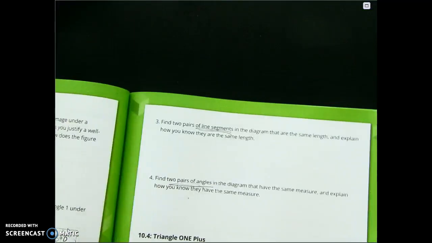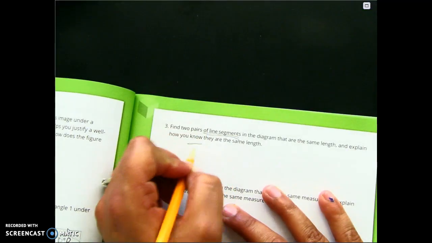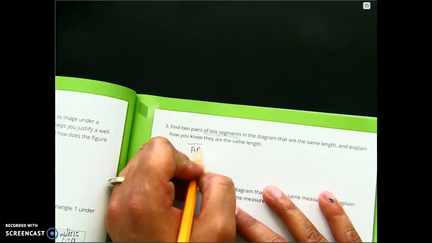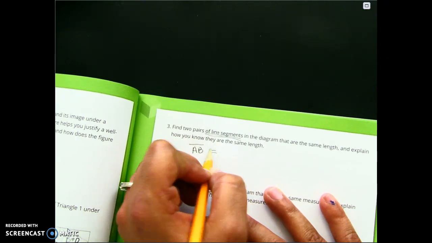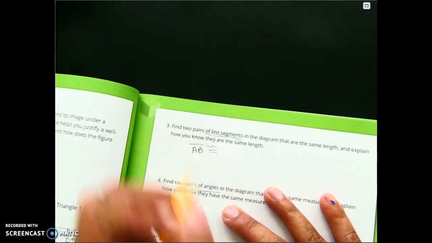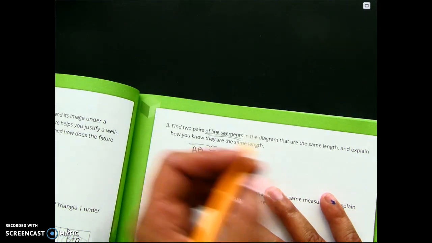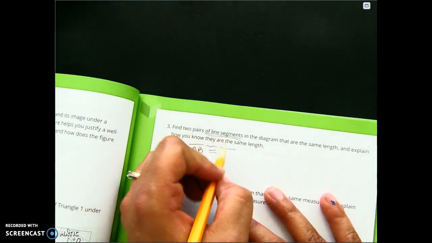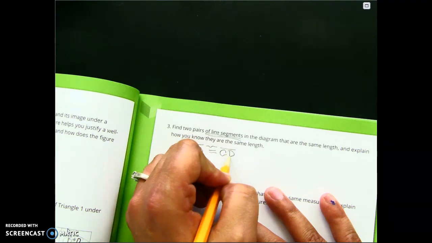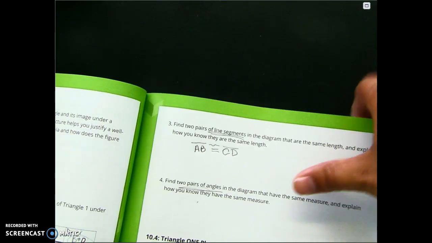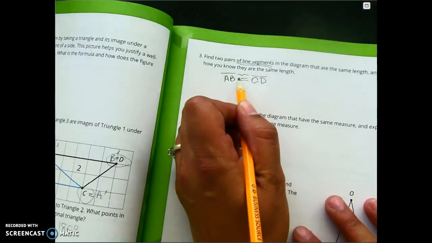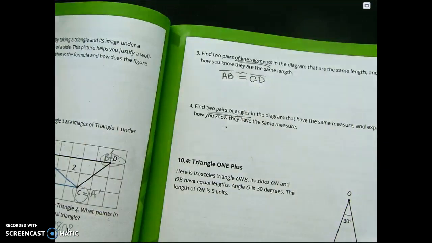And here's one way to write it. Line segment AB is congruent, so it's like this equal sign with this little squiggly, congruent to line segment CD. One more time. AB is congruent to line segment CD.